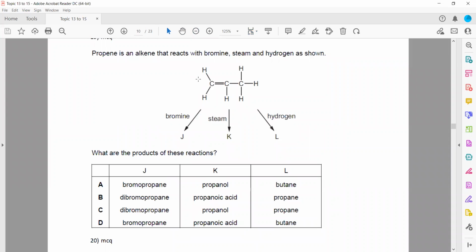Propene is an alkene that reacts with bromine, steam and hydrogen as shown. What are the products of these? When it reacts with bromine, the double bond will break and bromine will be attached on both sides, so it will produce dibromopropane, because 2 bromines are added.